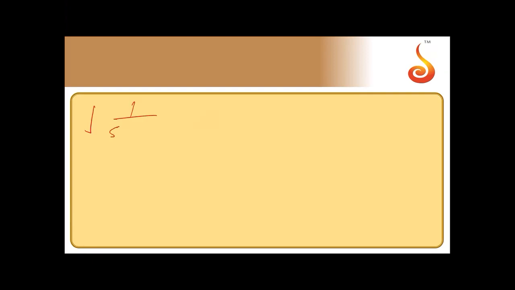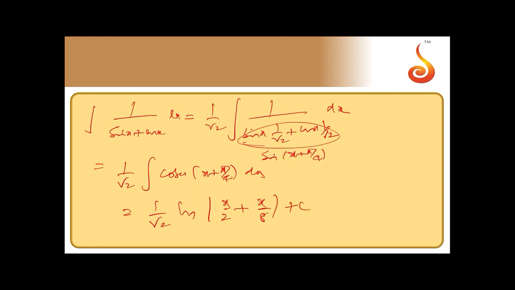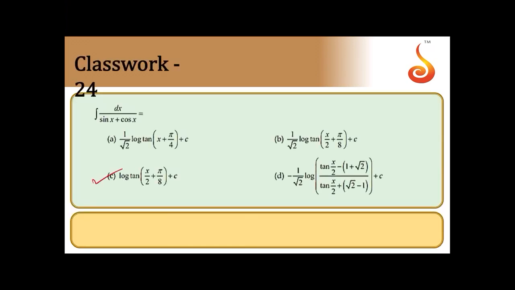This can be written as integral 1 by sin x plus cos x dx equals 1 by root 2 times 1 divided by sin x into 1 by root 2 cos x into 1 by root 2 sin pi by 4 cos pi by 4, and therefore this whole thing is nothing but sin x plus pi by 4, and 1 by sin is nothing but cosecant. 1 by root 2 integral cosecant x plus pi by 4 dx, and that equals 1 by root 2 times log mod tan of x by 2 plus pi by 8 plus constant.